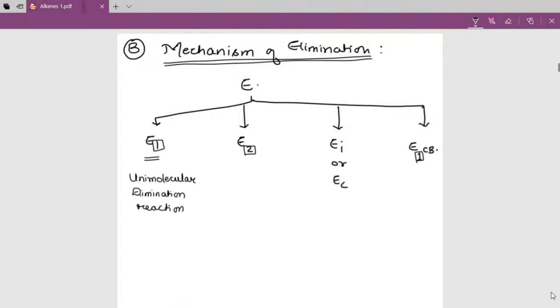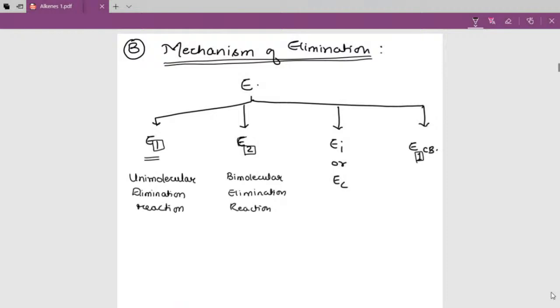If I say E1, it is unimolecular. If I say E2, this one is certainly going to be bimolecular elimination reaction. So this down thing is molecularity.